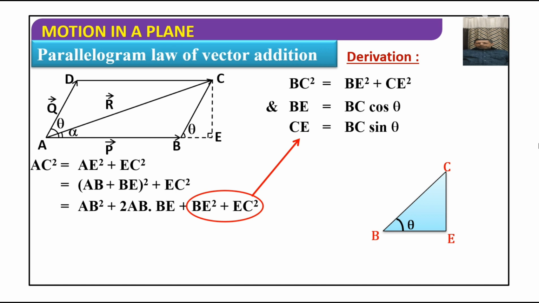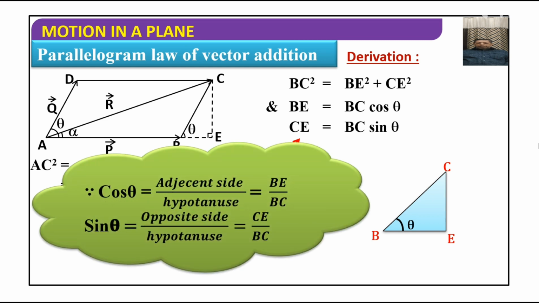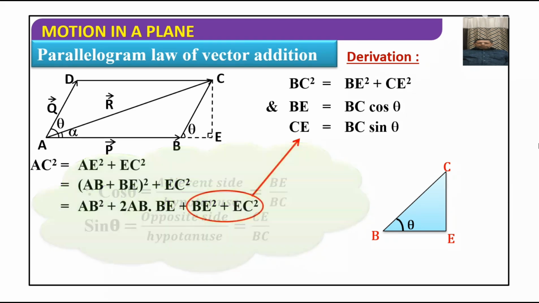Similarly, CE over BC equals sin theta, so CE equals BC sin theta. Cos theta is equal to BE by BC, sin theta is equal to CE by BC. So AB square plus 2AB into BC cos theta plus BC square.